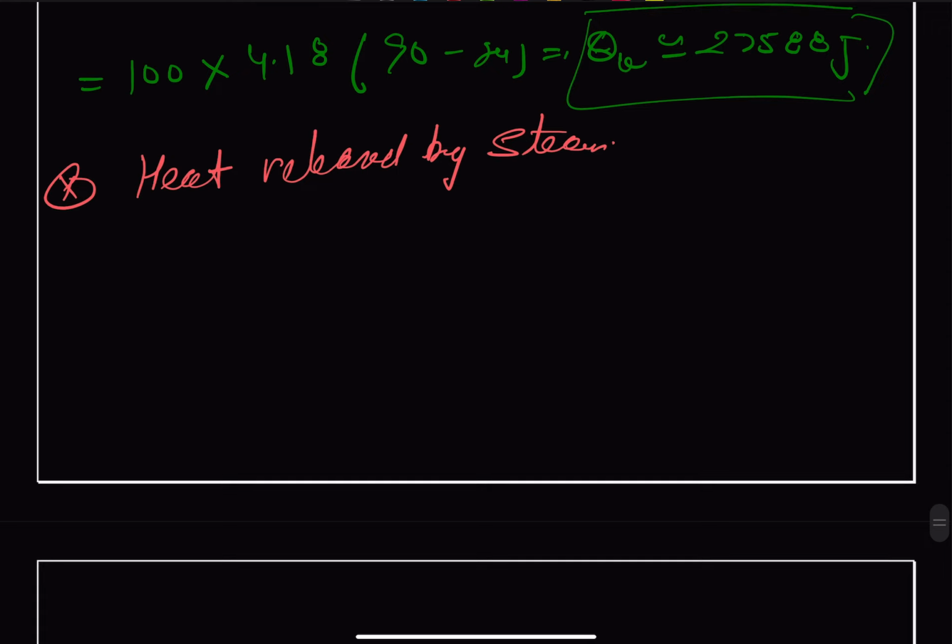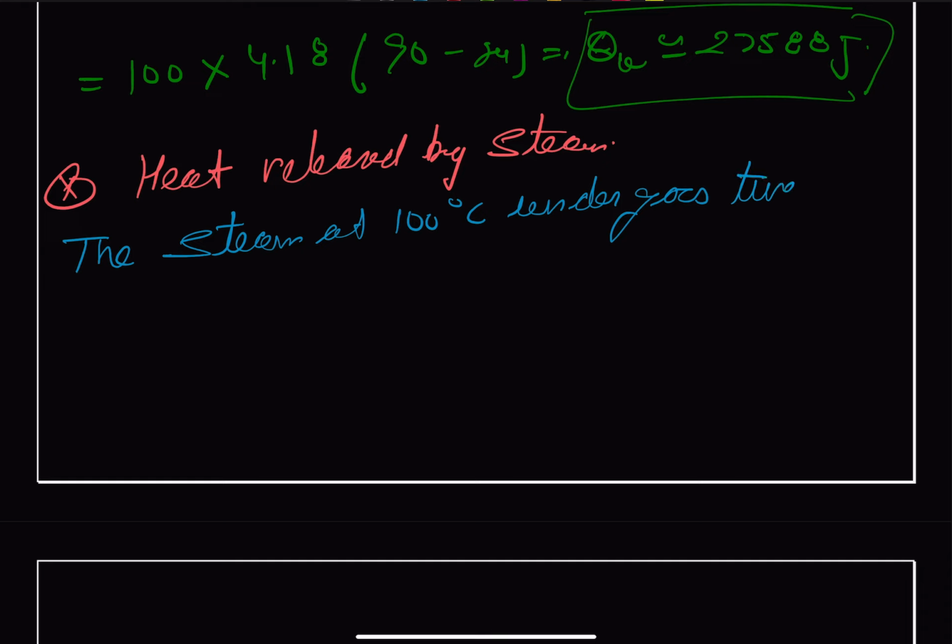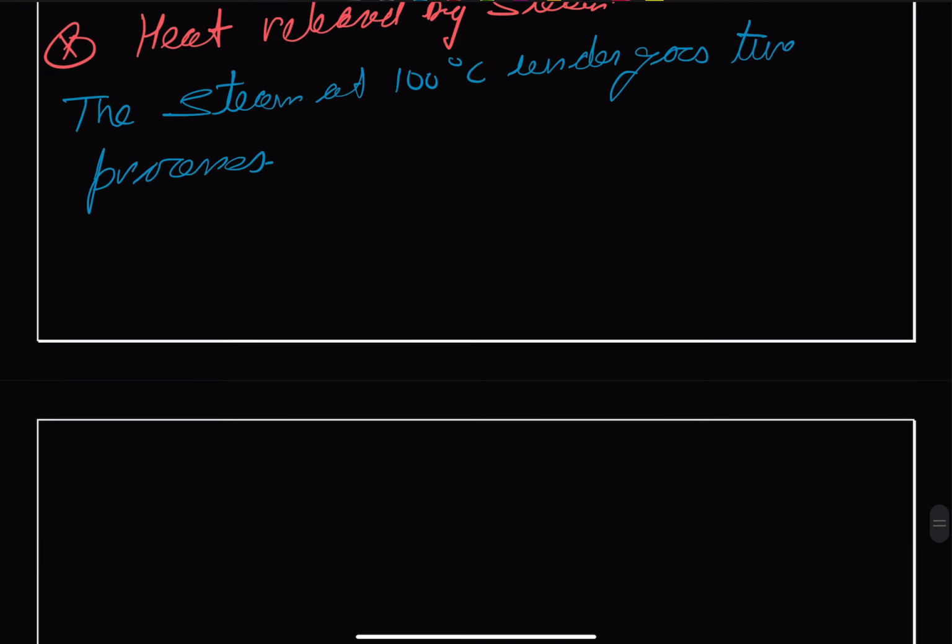So we can say that the steam at 100 degrees centigrade undergoes two processes, and the first process is condensation.